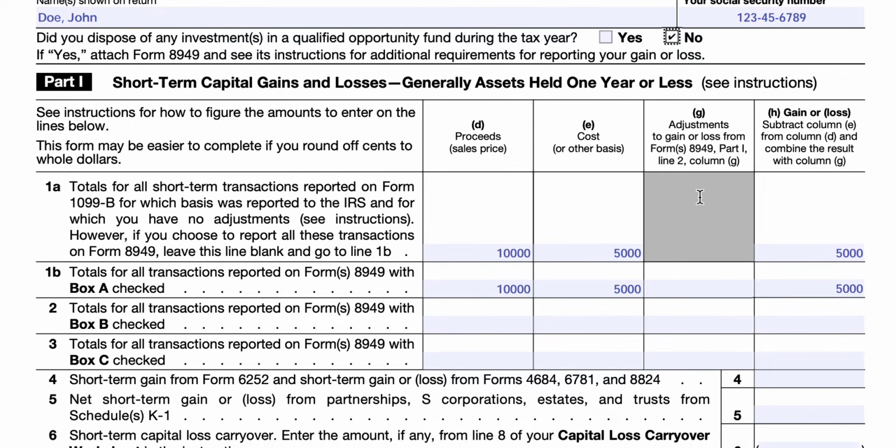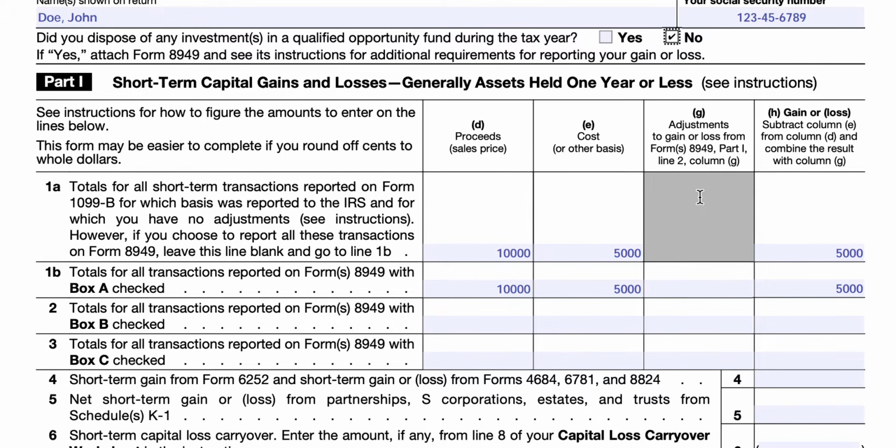In part one, we have short-term capital gains and losses on assets generally held for a year or less. Before we get into the detail of part one and then part two, which is very similar, the difference between short-term and long-term capital gains and losses: the IRS considers short-term to be a holding period of 1 year or less.